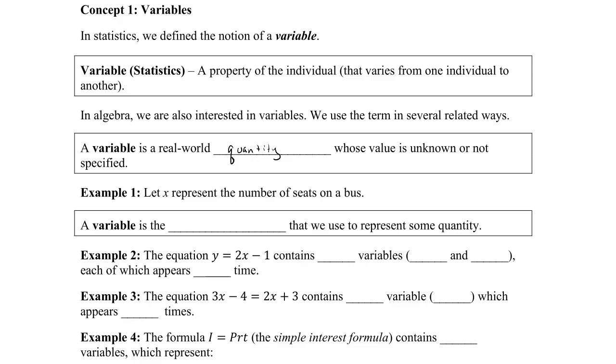For example, we might say let X represent the number of seats on a bus. In that case, the number of seats on the bus is our variable, and then the letter X is the symbol that represents that variable.